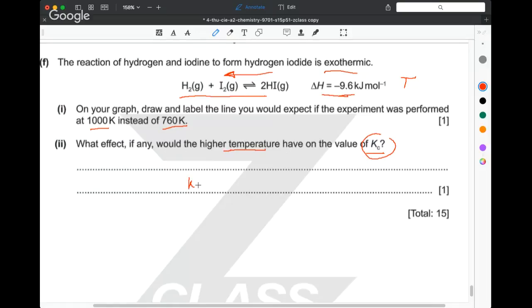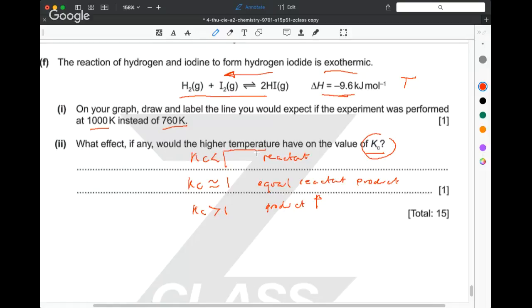And you should know that when Kc is about 1, then, this is just a rule of thumb, you've got roughly equal concentrations of reactant and products. If you've got much more product than reactant, then Kc is greater than 1. And if you've got a lot more reactant, then Kc is less than 1.